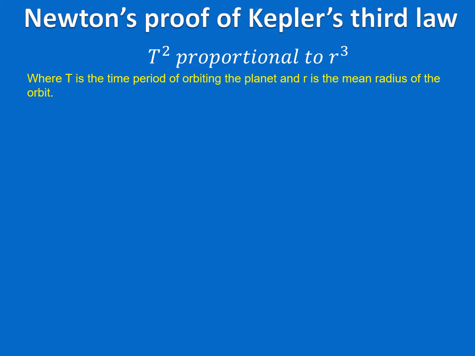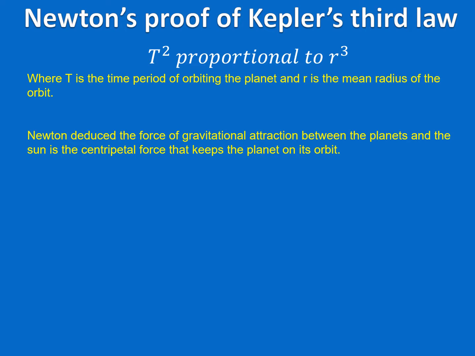So Newton's law of gravitational attraction, if you recall, F was equal to GMm over r squared. So if we're going to think about that in terms of planets orbiting the sun, capital M would be the mass of the sun, little m would be the mass of the planet, r is the distance between the planet and the sun, so the orbit radius.